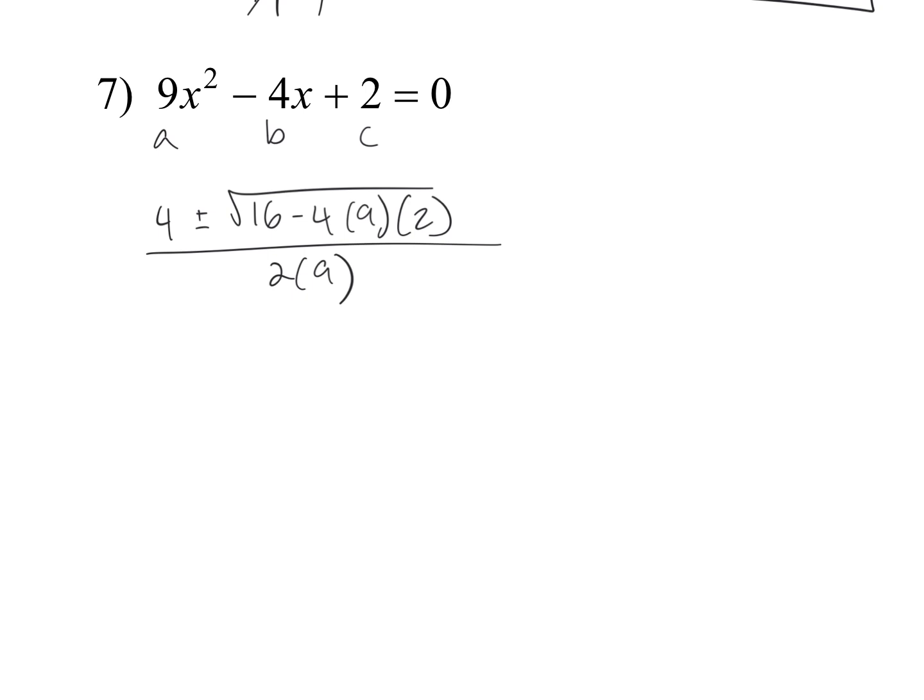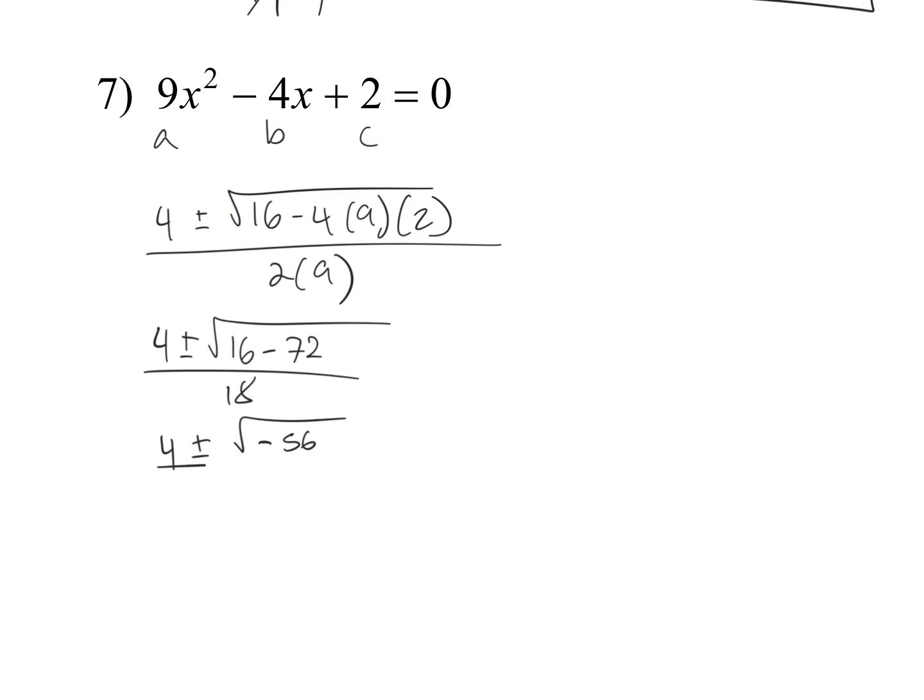So this is going to become 4 plus or minus 16 minus 72 over 18. So it's 4 plus or minus negative 56 over 18. So it's going to be 4 plus or minus i root 56 over 18.